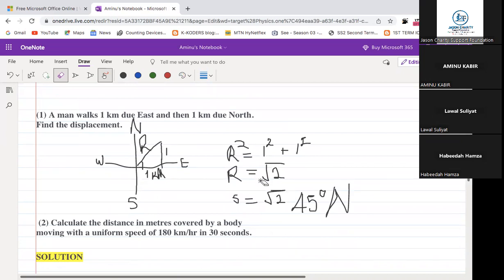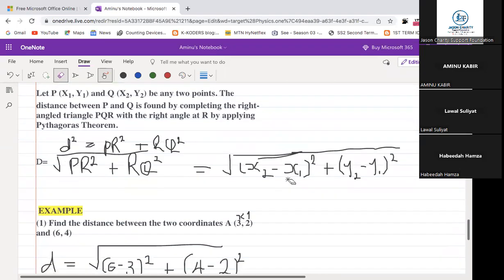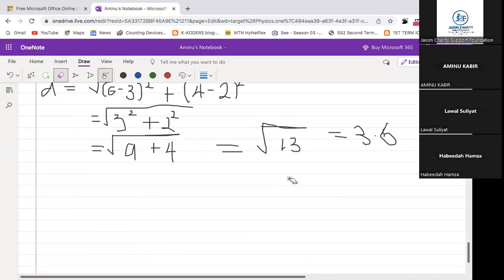We were also able to calculate the distance between 2 coordinate points. So please, does anyone have any question about what we've done so far? We just have 9 minutes left.